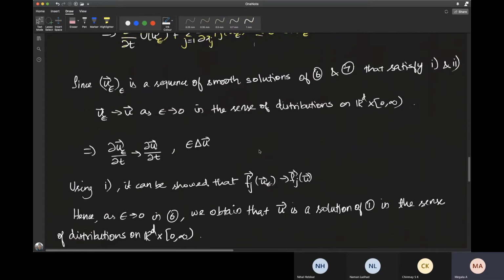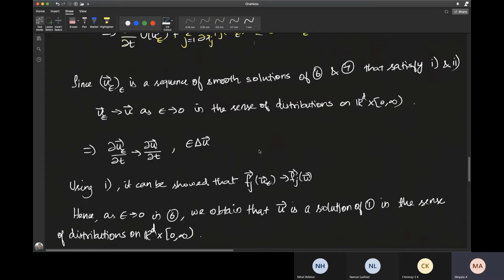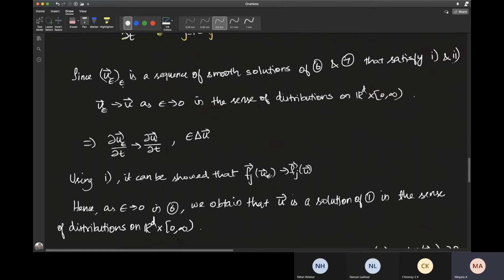So now with this inequality, let's move on to seeing how the u vector epsilon approaches the u vector, which is the weak solution for the weak form of the actual conservation law. So we have taken all of these u vectors to be a sequence of smooth solutions.